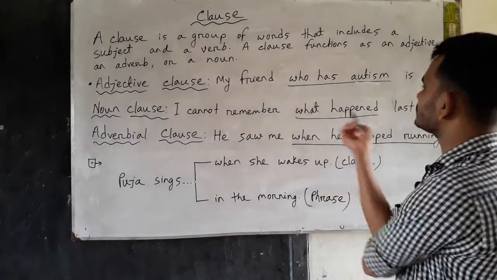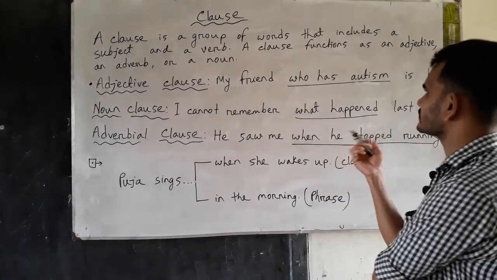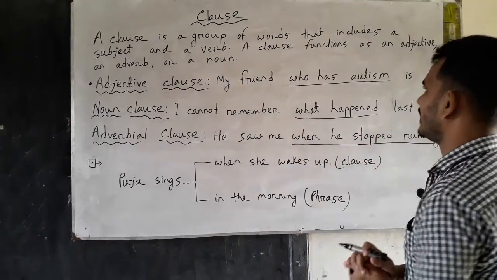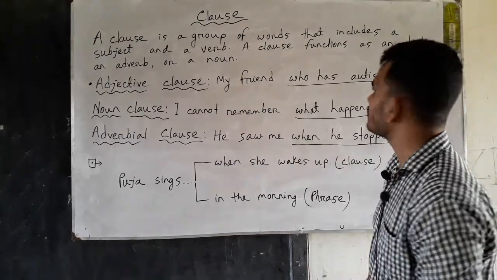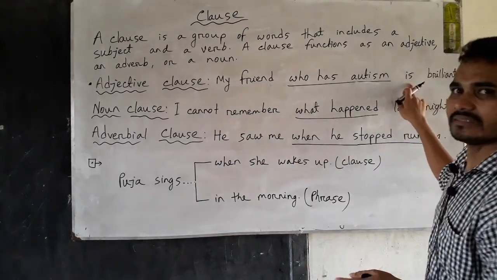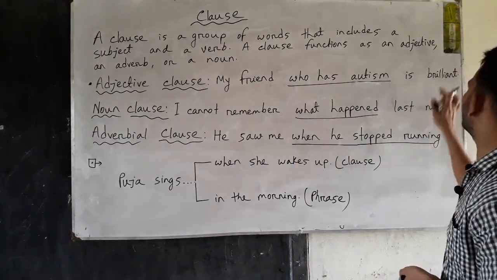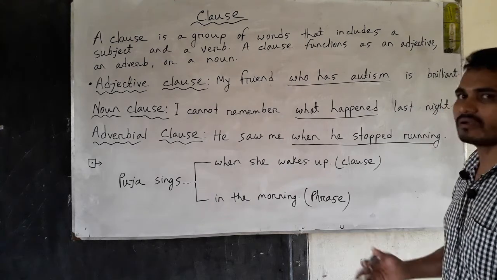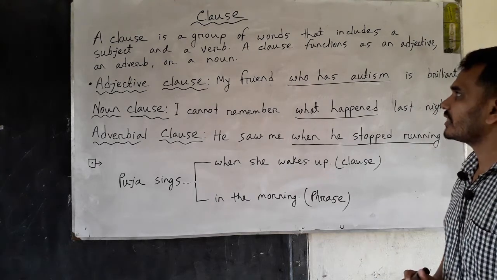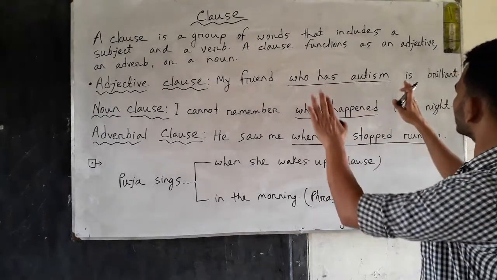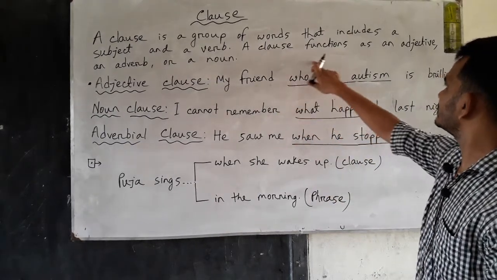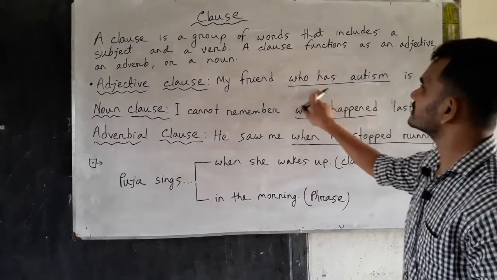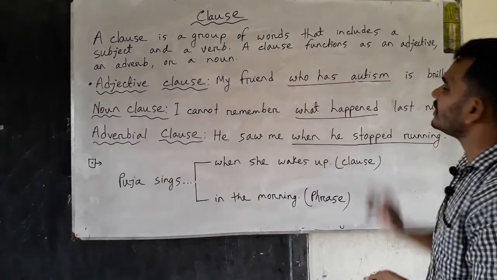Look, in this sentence, my friend is the subject, is is the main verb, and brilliant is the adjective or extension. So between these words, this part is a clause.